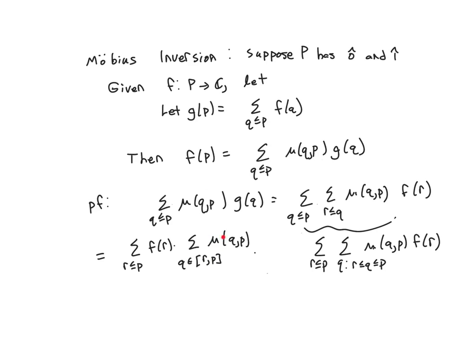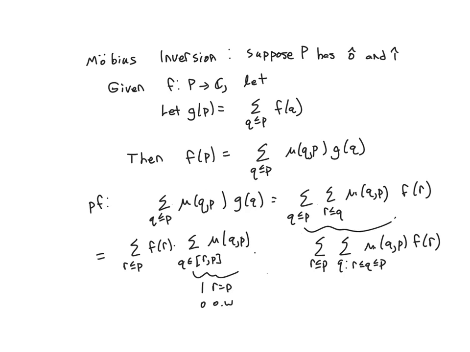And what do you see here? You're summing over all q in the interval rp, mu of qp. By definition of the Mobius function, this is either 1 or 0. It's 1 when r is equal to p, and it's 0 otherwise.